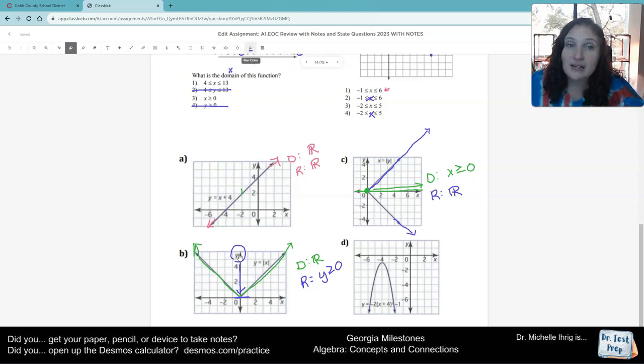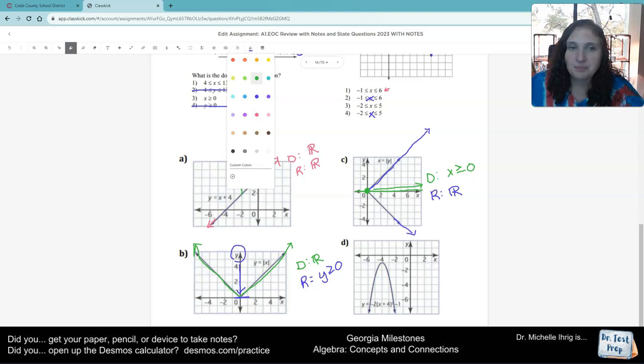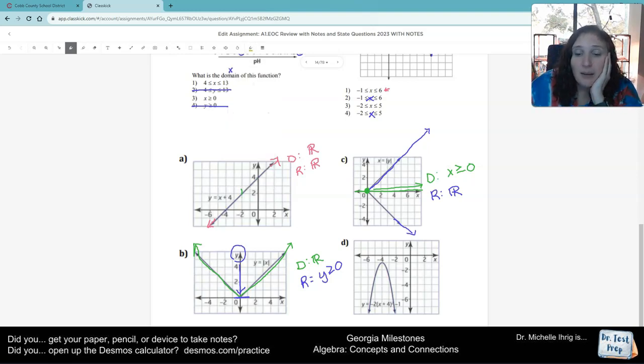All right, let's do this last one, and then I'm going to teach you one more thing. Here, my arrows tell me that if I could zoom out forever and ever, eventually I would hit all of the x values. So my domain is going to be all real numbers. Almost always your domain will be all real numbers in algebra. In advanced algebra, maybe not, but in algebra, almost always the domain will be that.